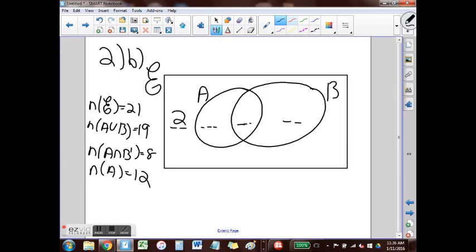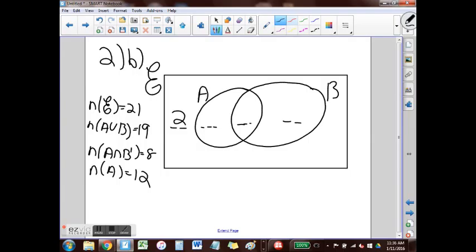Okay, so that one's the easiest one to find first. The next one you can find is this one here. Now, if this was A intersect with B, that would be this number here, all the things that are common with A and B. But this here is the complement of B. So if this is everything in B, the complement of B would be everything on the outside of it.